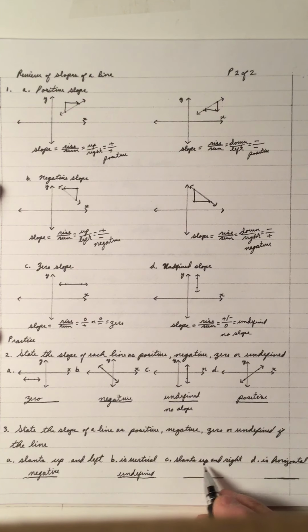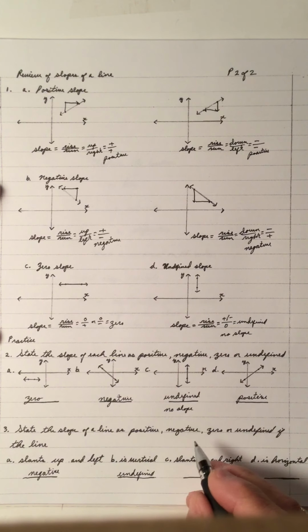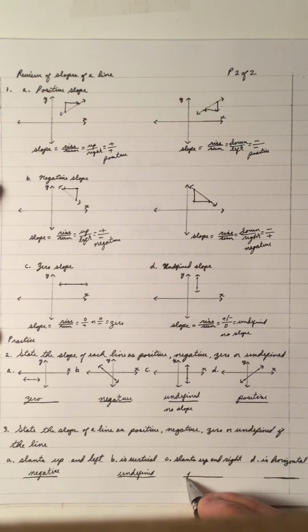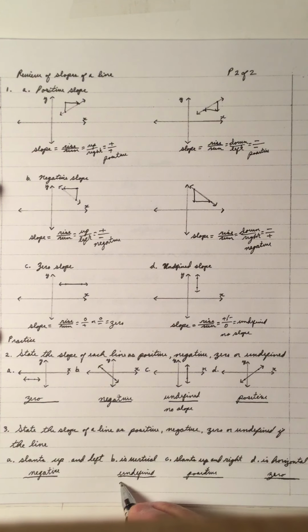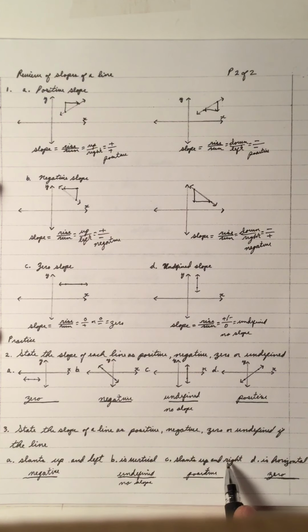If a line slants up to the right, up positive, right positive, that's a positive slope. And if you have a horizontal line, which is straight across, you have no rise, so the slope is 0. And again, your vertical line is undefined, or you could say no slope if you wish. So horizontal is 0, vertical is undefined. Up to the right is positive, up to the left is negative.